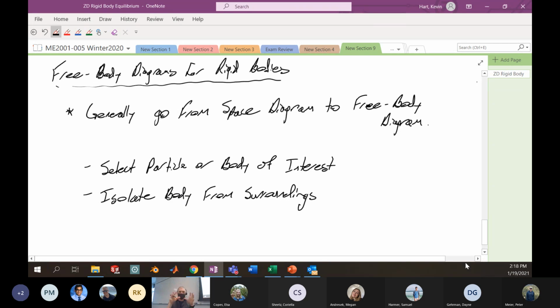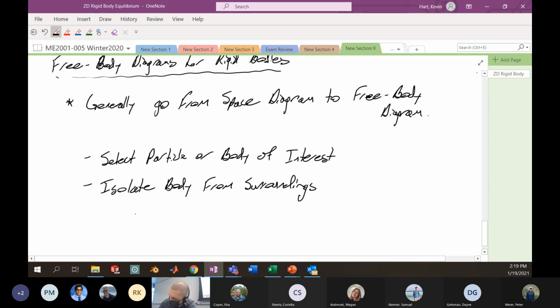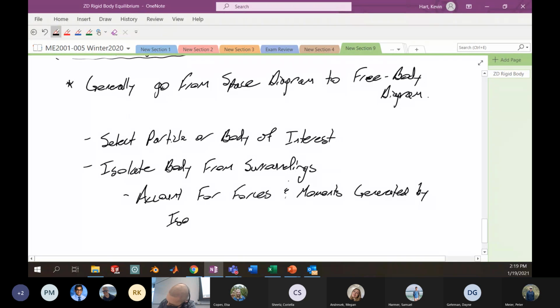Okay, so you basically draw a contour around that particular object, and wherever you are isolating that body that might be in contact with another body, you have to account for the force that could be transferred between the two. Okay? So we isolate body from surroundings, and we account for forces and moments generated by isolating.